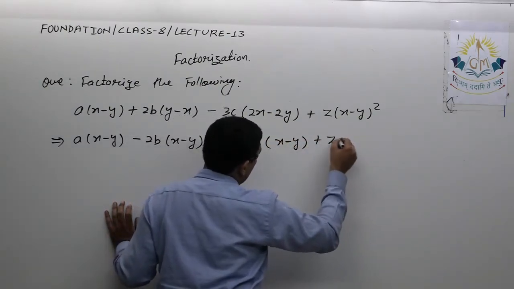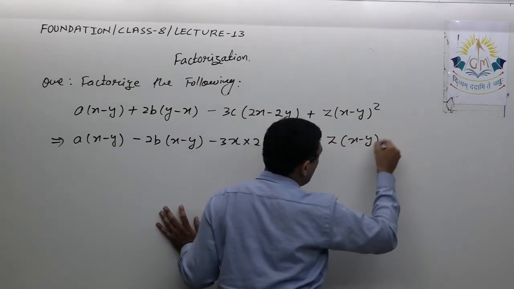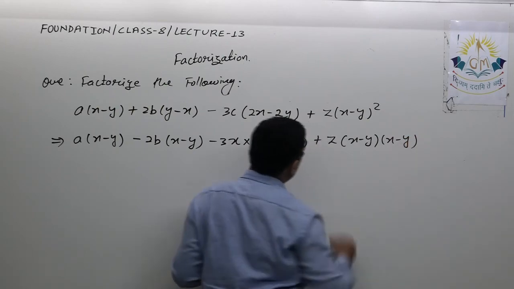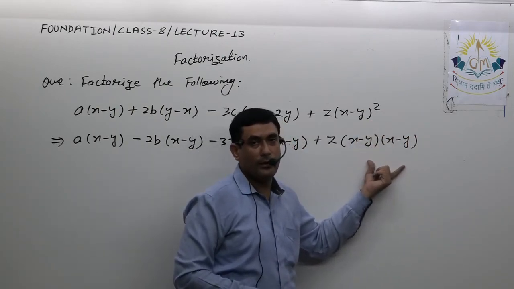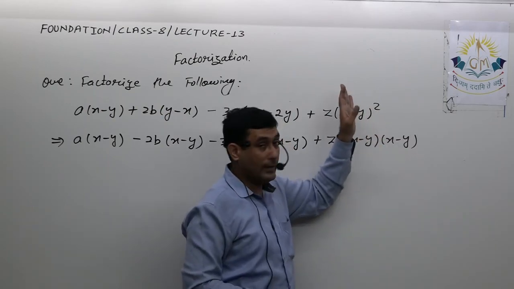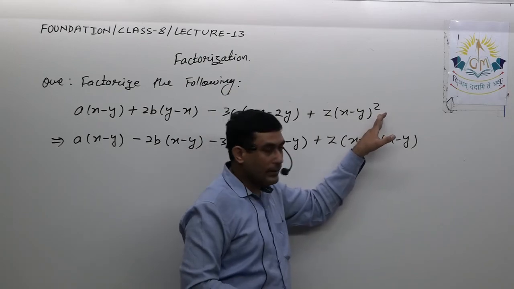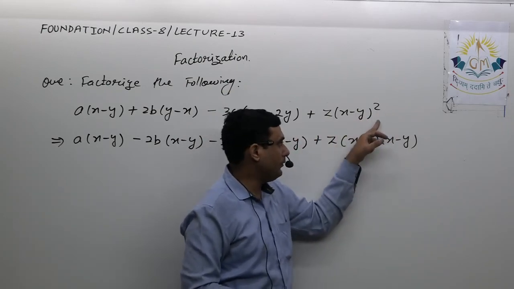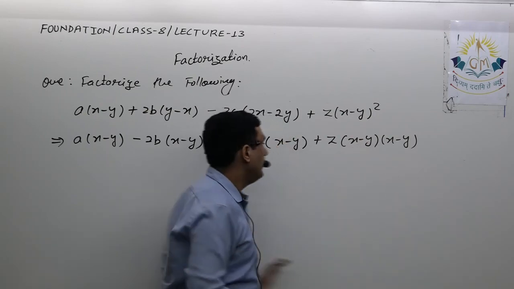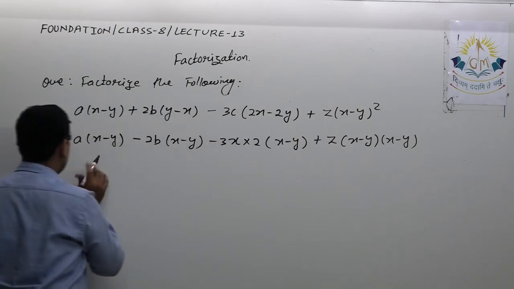Here it is z times x minus y, although this is not required, but I am writing it, because it was a square, so I wrote x minus y into x minus y. But suppose it is 19, then I am not going to write it that way. If it is a square and I want to take x minus y common, x minus y remains left. Here it was a square, so I write it twice, so that you can see x minus y is directly common from all the terms.